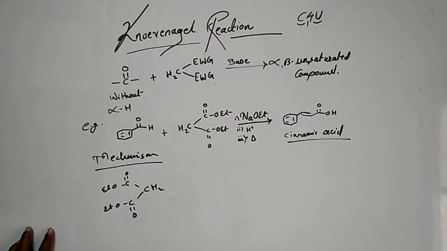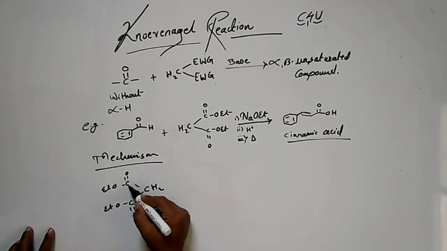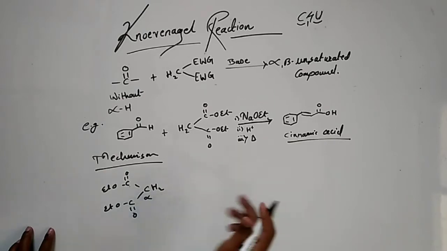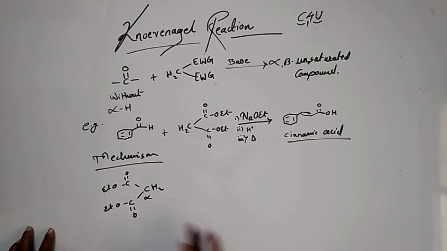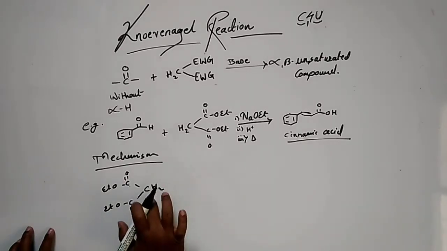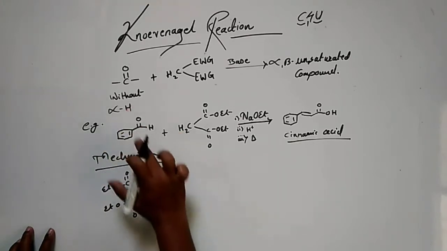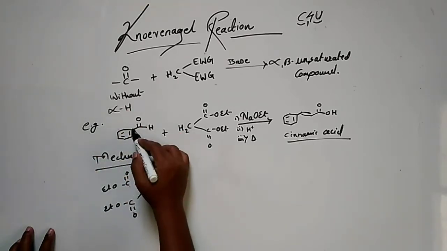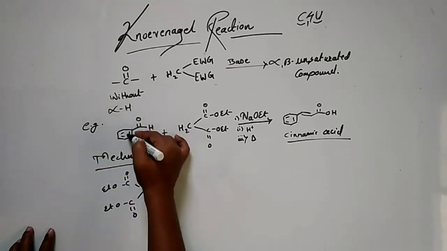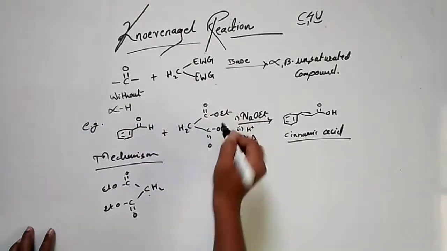You have your carbonyl compound. The carbon beside your carbonyl group is known as the alpha carbon, and the hydrogen attached to the alpha carbon is known as the alpha hydrogen. This methylene group is going to have alpha hydrogen, but see this benzaldehyde, there is no alpha hydrogen, so you need such a kind of compound along with this one.